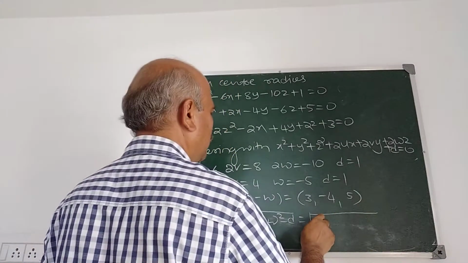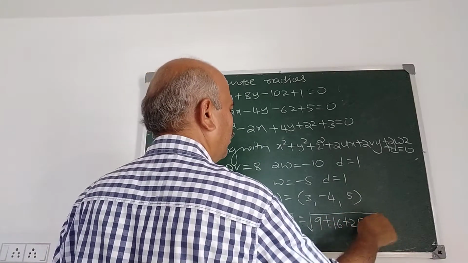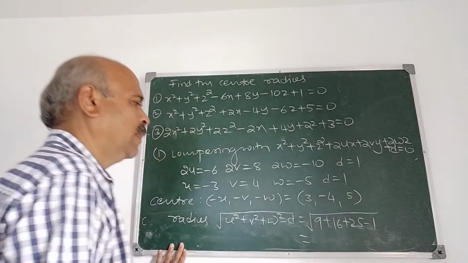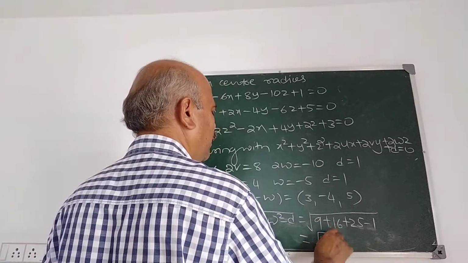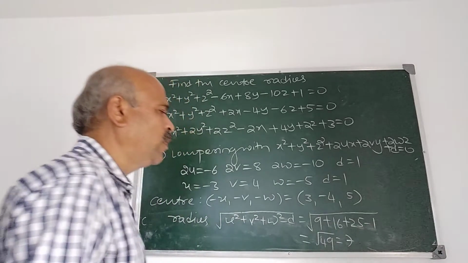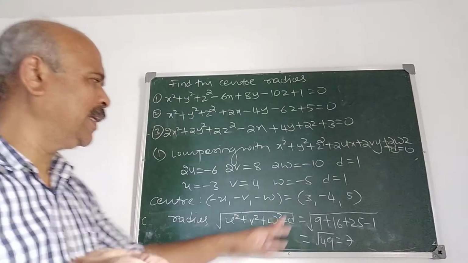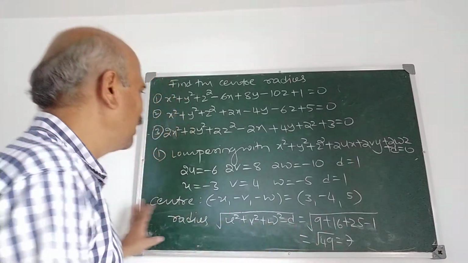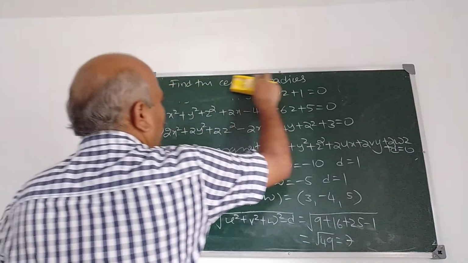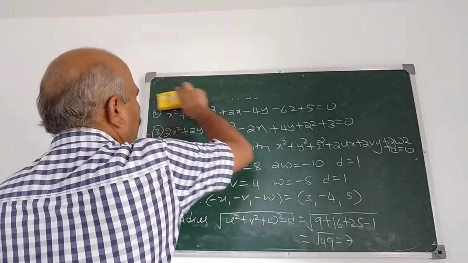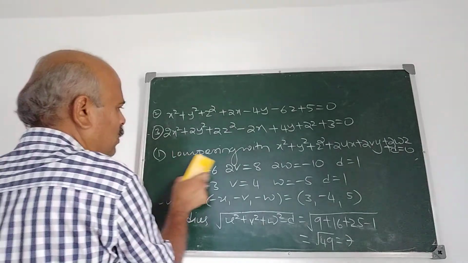Therefore square root of 9 plus 16 plus 25 minus 1. Is it root 49? Therefore 7. So center is (3, minus 4, 5), radius is 7. Problems are simple, you can easily solve the problems.